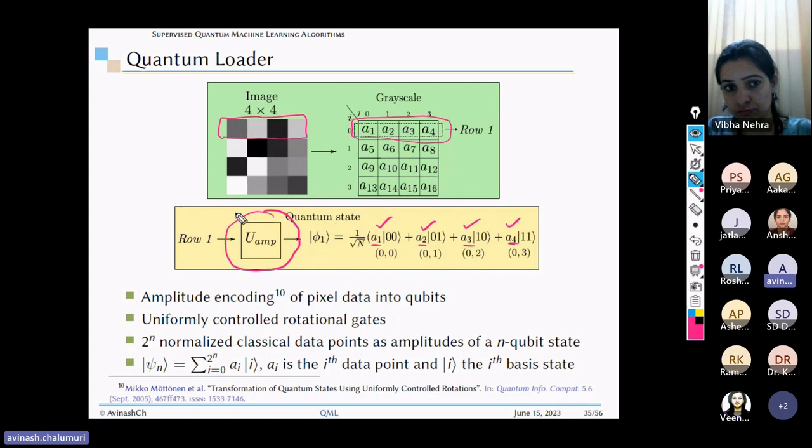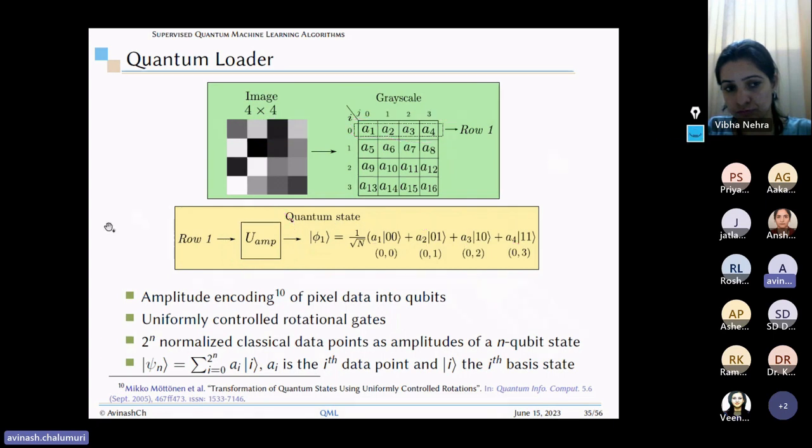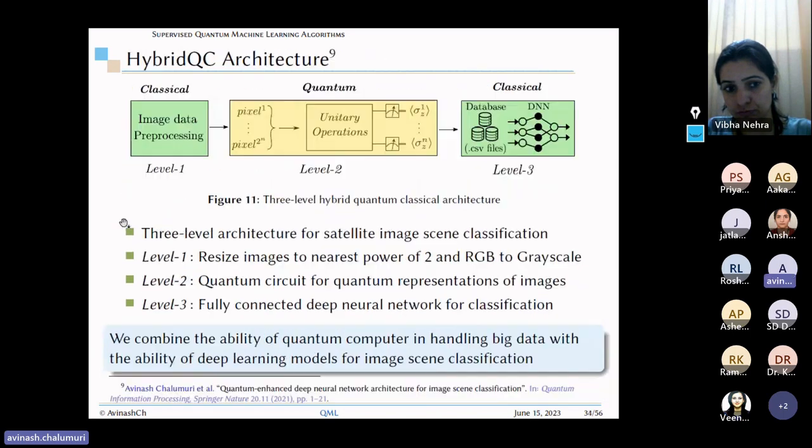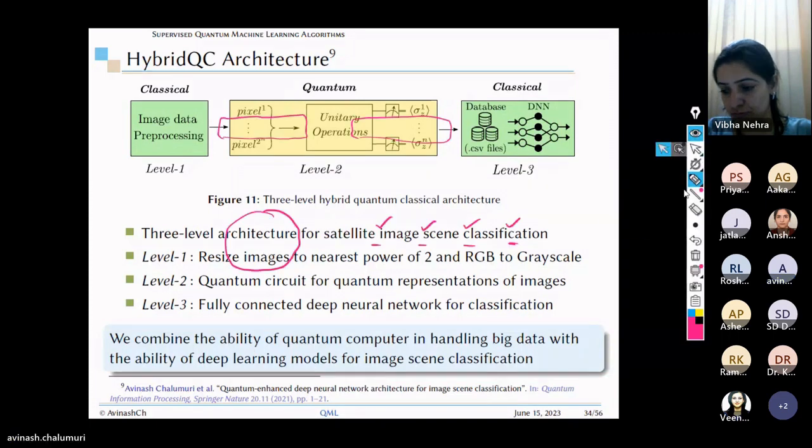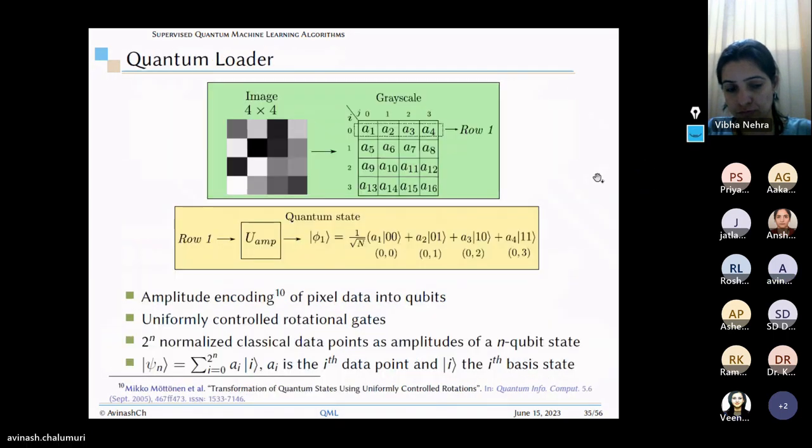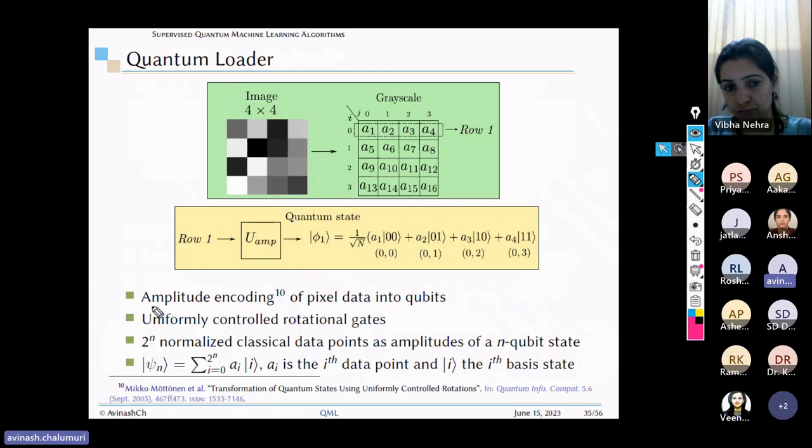Again, you can go to the research paper and take a look at it. It is available in the Springer Nature Quantum Information Processing journal. So this is how we did this using amplitude encoding.